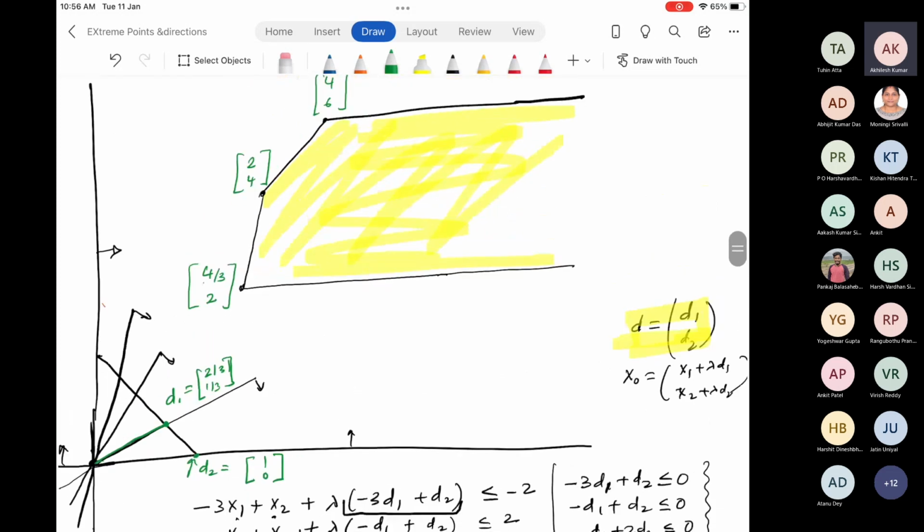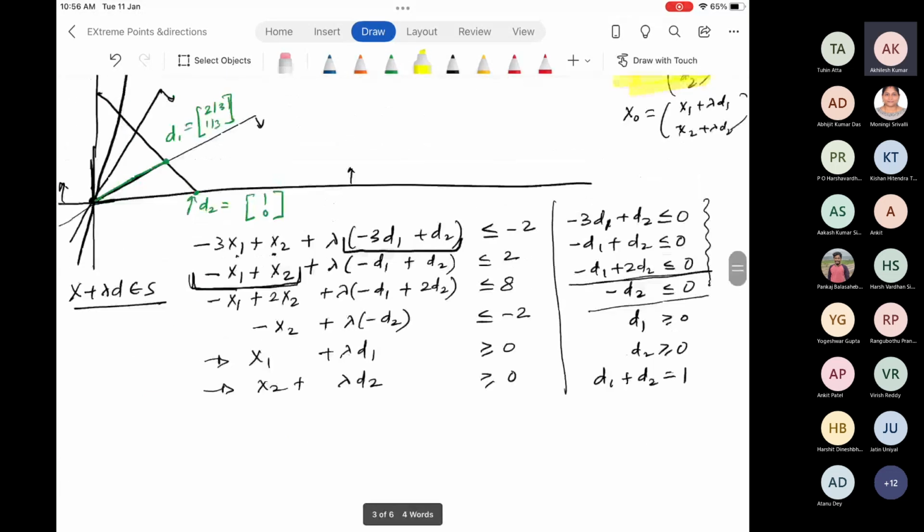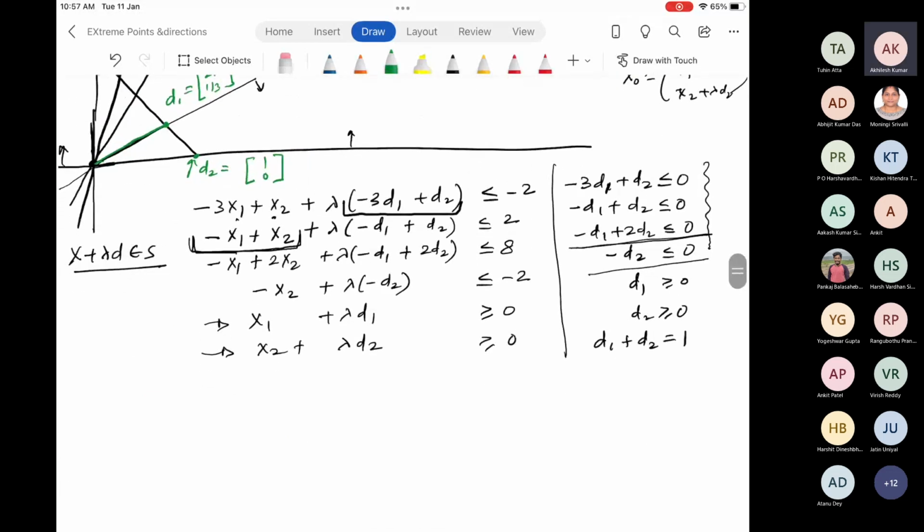Now, if you take any point, let's say I want to get a point x. Let me draw another picture. Suppose I want to describe a point for an unbounded set. Let's say this is how my set looks like, with the three extreme points x1, x2, and x3.